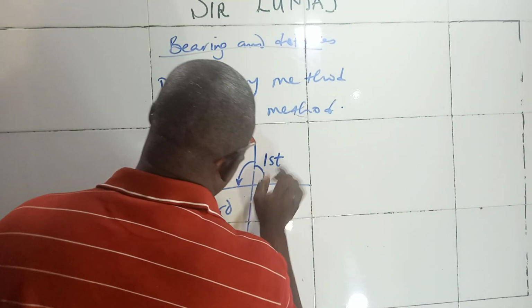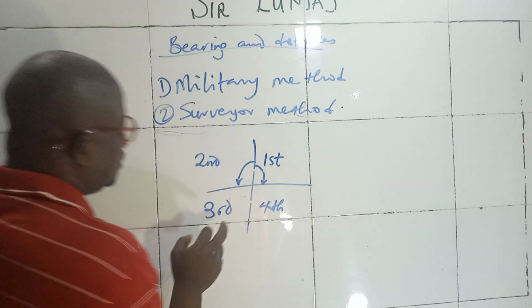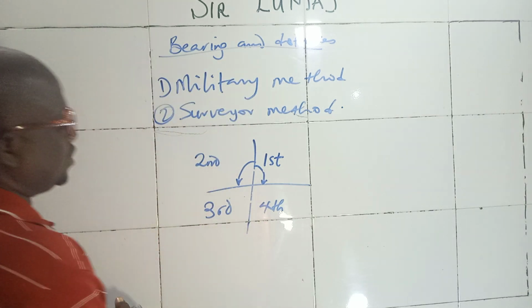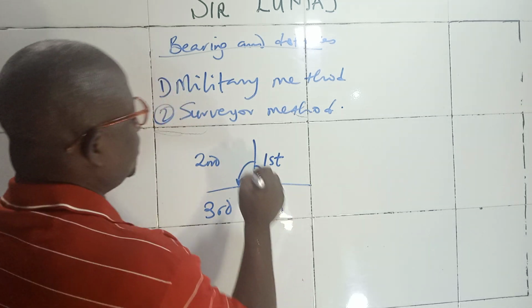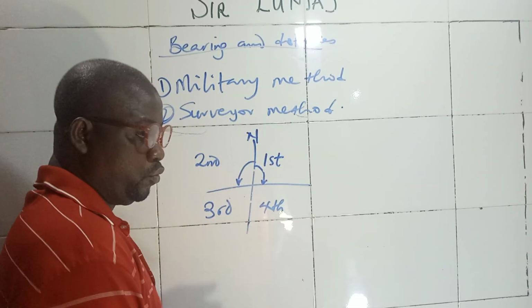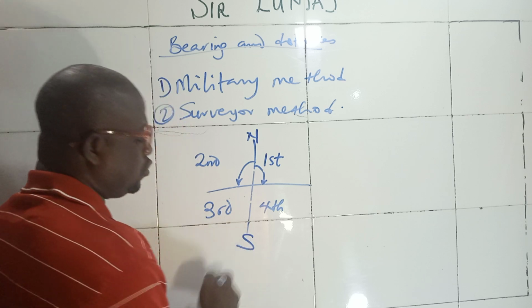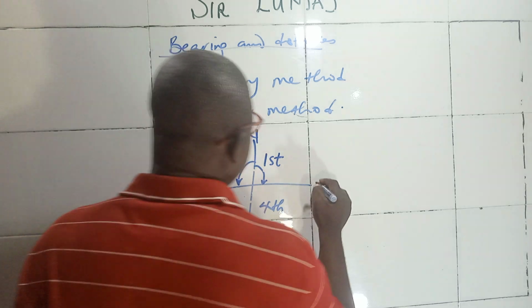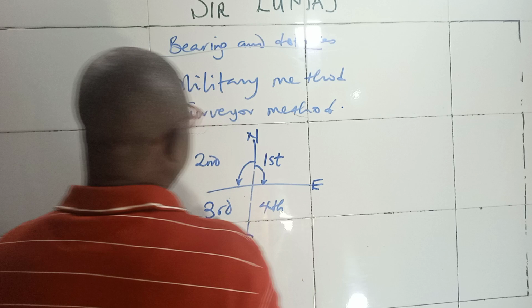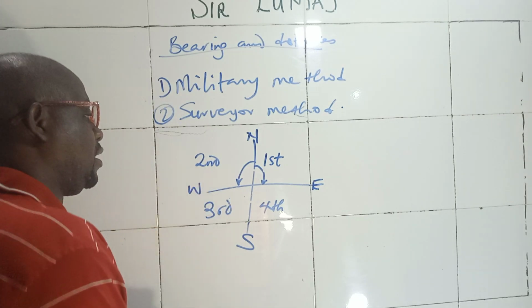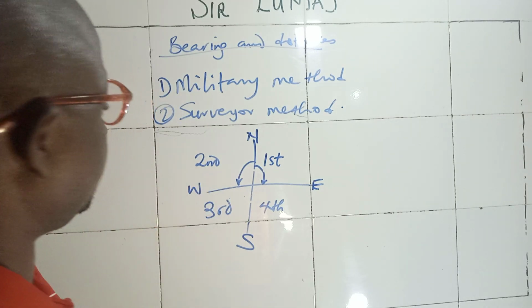So this is the first quadrant, second quadrant, third quadrant, fourth quadrant. Then you go to your geography, and you say this is your north pole, this is your south pole, this is your east, and this is your west.